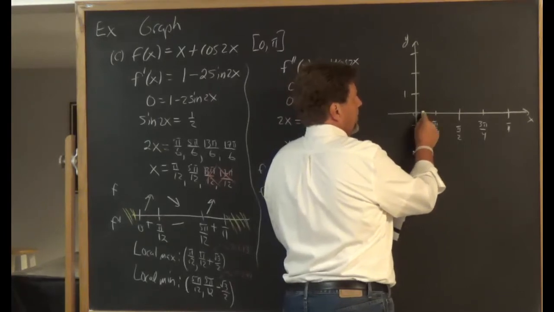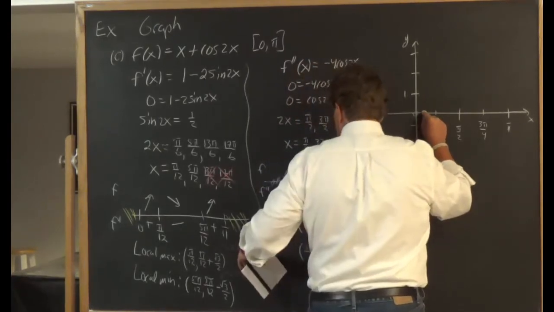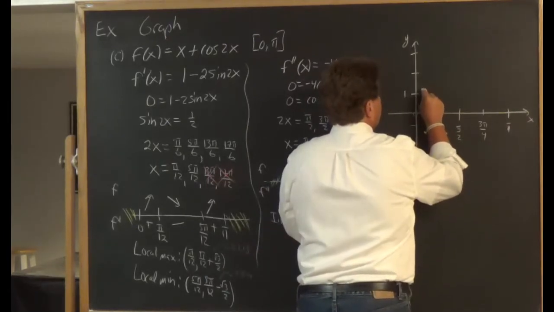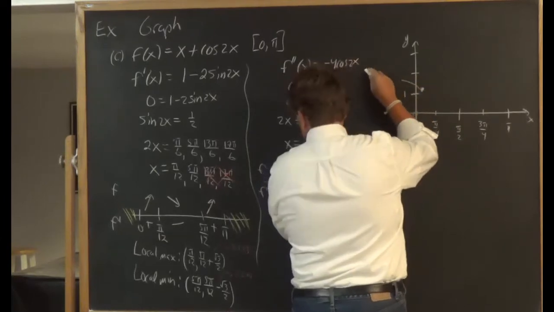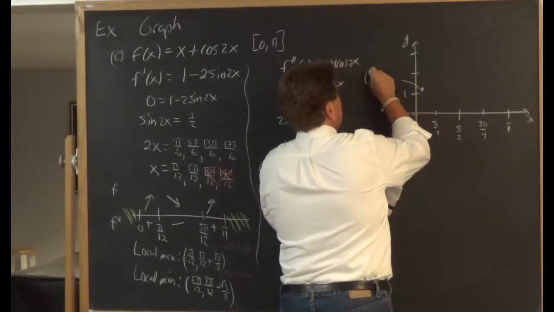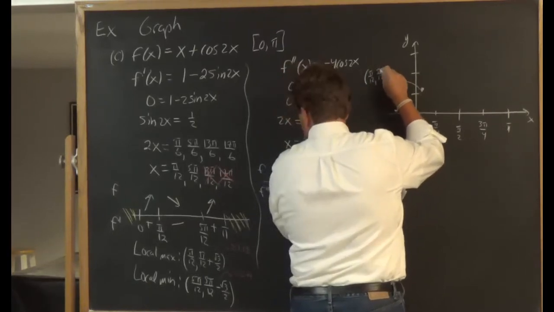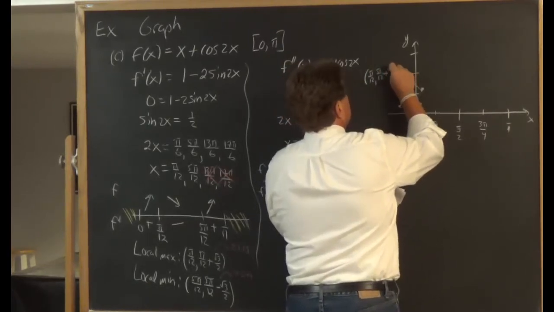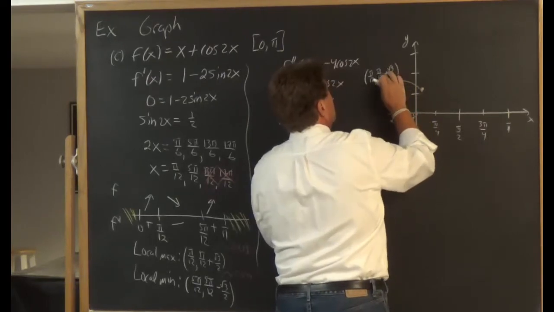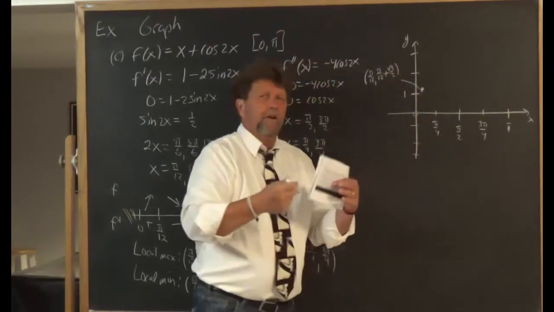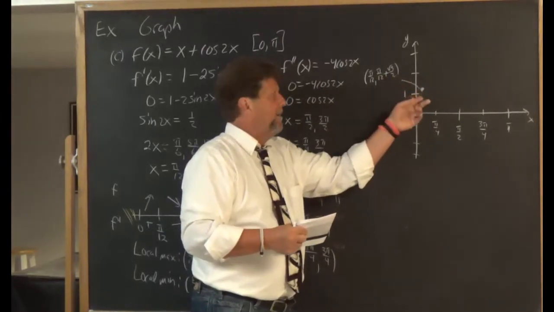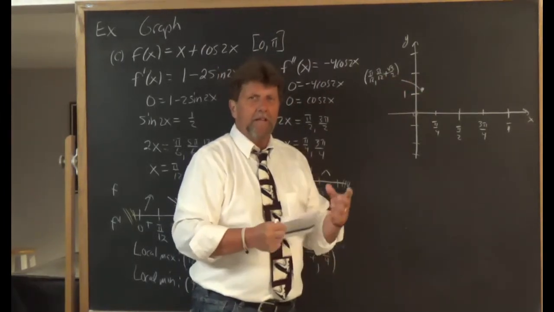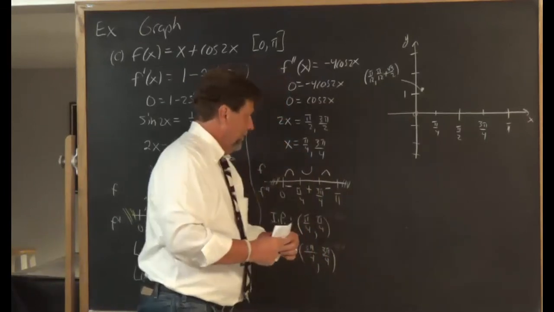So I'm going to say pi over 12 is about right here, and this y-coordinate, I'm going to plot it right there, and then I'm going to label it as pi over 12, comma, pi over 12 plus square root 3 over 2. And people are amazed. How do we know where this point is? How do we know that y value? Well, don't tell anyone we used a calculator to get a decimal approximation.